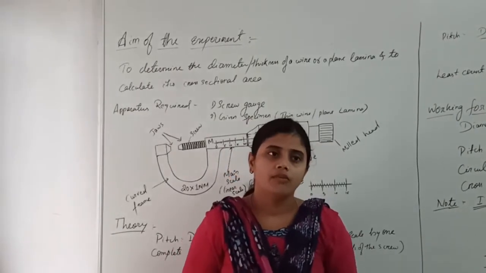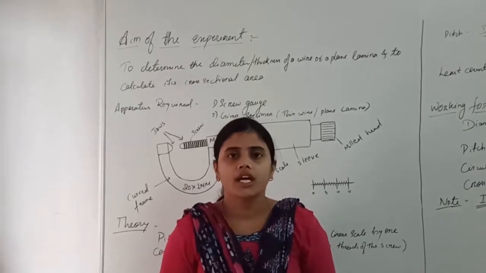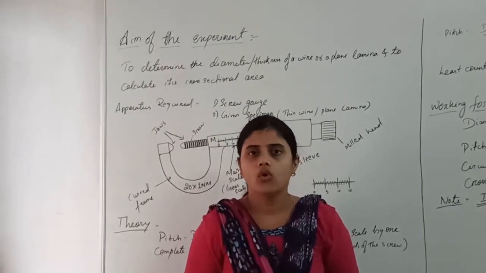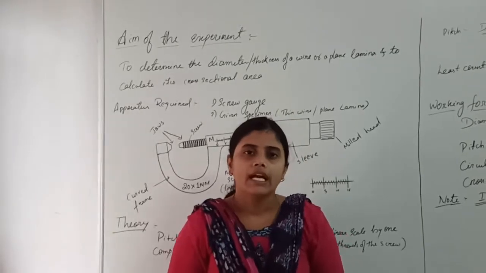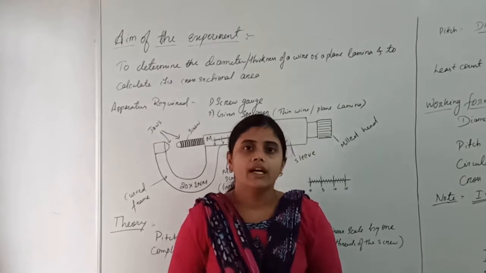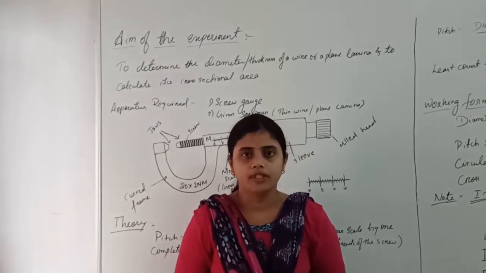Before discussing the screw gauge, I want to tell you its advantage over the slide caliper. In the case of a slide caliper, the minimum measurement we can do is 0.01 centimeter.